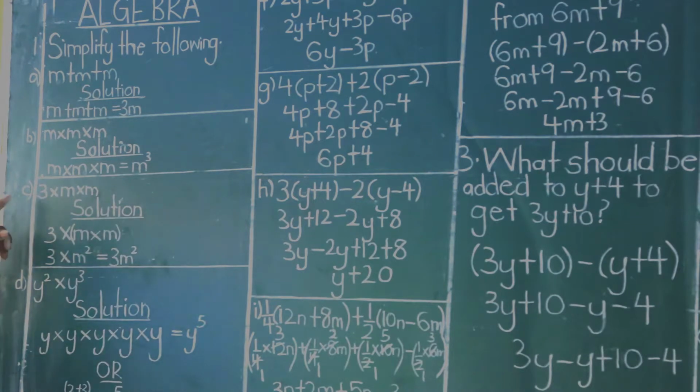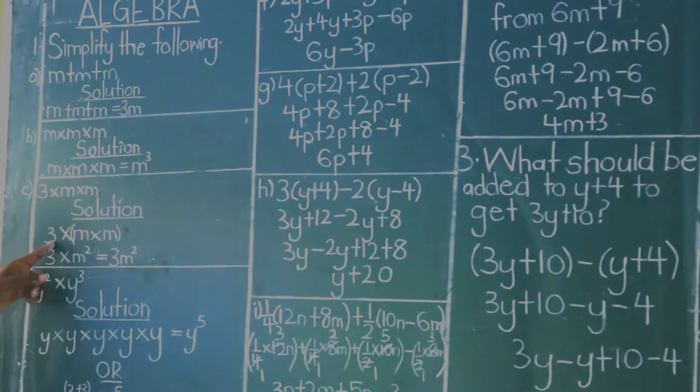Then we can look at part C. Part C says 3 times m times m. In part B, having learned how to multiply the same digit, we now add on a figure, like 3 times m times m, where you multiply m by m and get m squared.